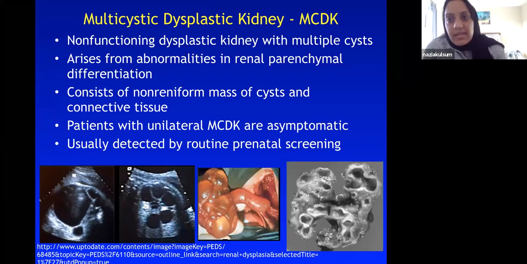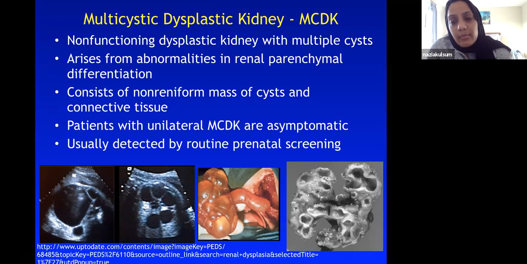Most of the time, by the time the kid reaches age 5, these tend to involute. In some cases, in the first year you may see these kidneys grow a little bit and then start involuting. So what is recommended is to do annual sonograms on these patients just to follow those kidneys. And if it is unilateral, then if you have a contralateral normal kidney, you would expect that kidney to show hypertrophy.